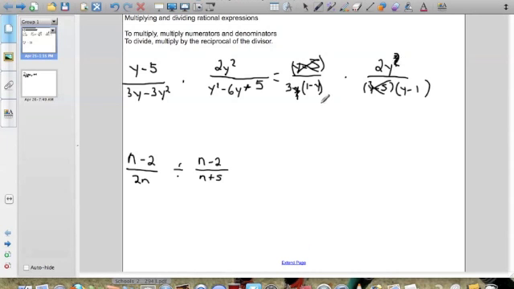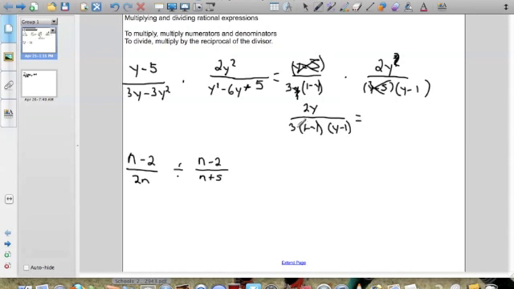So what we end up with is 2y on the top in my numerator, and on the bottom we end up with 3 times 1 minus y times y minus 1. Now there's one more way you can simplify this.